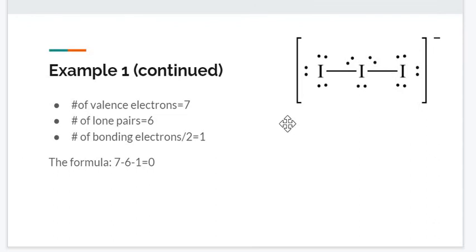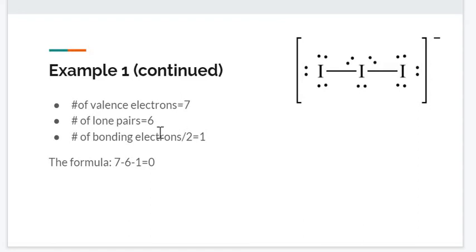And that is the formal charge on the center iodine. Now for the side iodines, again, iodine is in group 7A, so we have 7 valence electrons. Lone pairs, same as the center iodine, they have 6. Now the number of bonding electrons, so 1, 2. 2 divided by 2 equals 1.